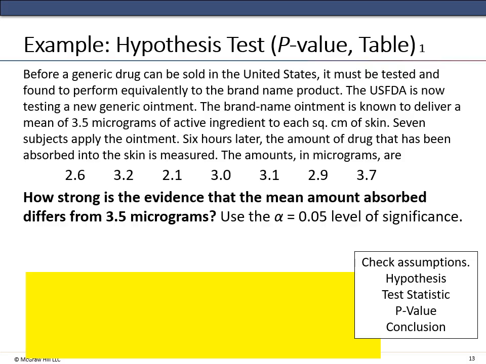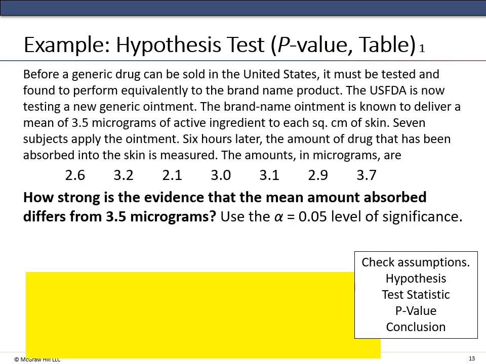So here we have another problem. Before a generic drug can be sold in the United States, it must be tested and found to perform equivalently to the brand name product. The US FDA is now testing a new generic ointment. The brand name ointment is known to deliver a mean of 3.5 milligrams of active ingredient to each square centimeter of skin. 7 subjects apply the ointment. 6 hours later, the amount of drug that has been absorbed into the skin is measured.